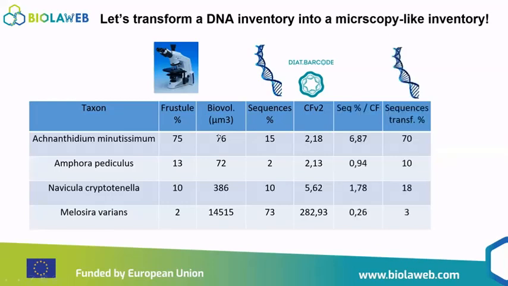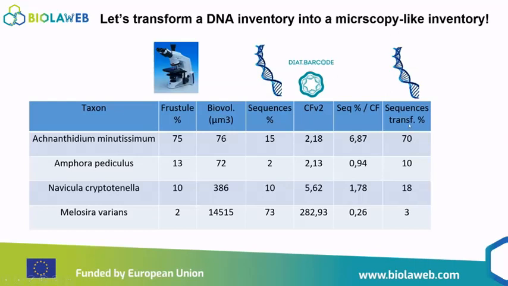You simply divide the percentage of sequences by this correction factor, and you have this transformed floristic list, which looks like the microscopic one.